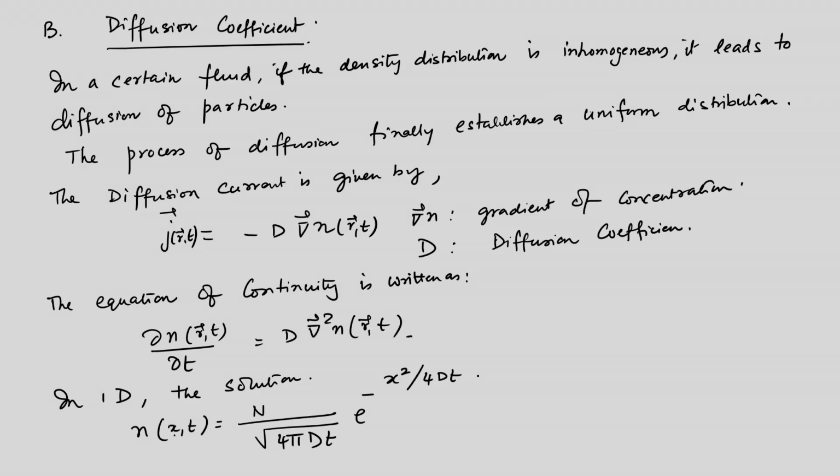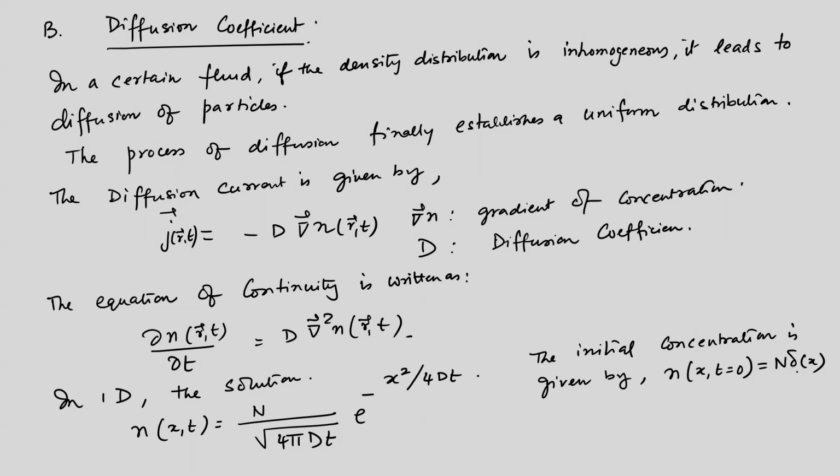Okay. So, this is the solution of this equation, and it is given that. So, this n comes from the initial concentration, which is given by n(x) at t equal to 0 is n delta x.